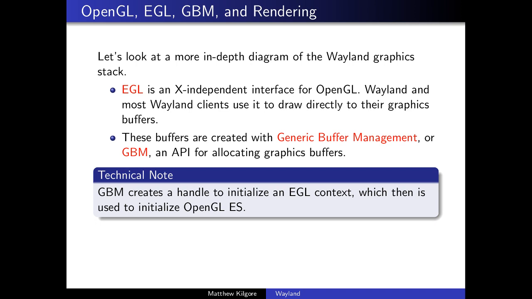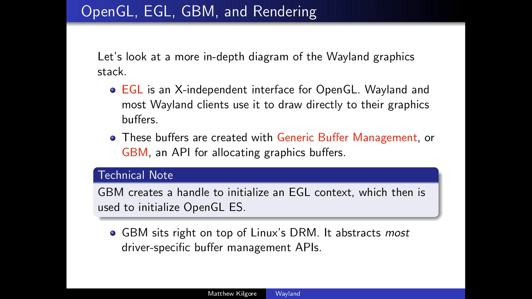Even that's still just a high-level rendition of what's actually going on. We could spend months going over how the OpenGL stack works. However, the gist of it is that it depends on GBM, and GBM sits right on top of the DRM subsystem. It abstracts most driver-specific buffer management APIs.